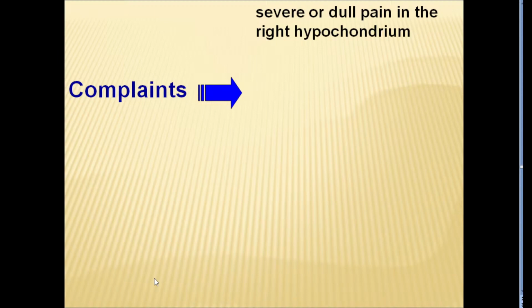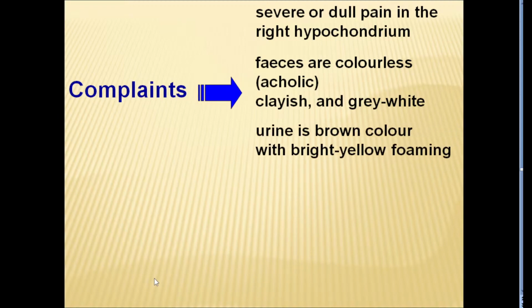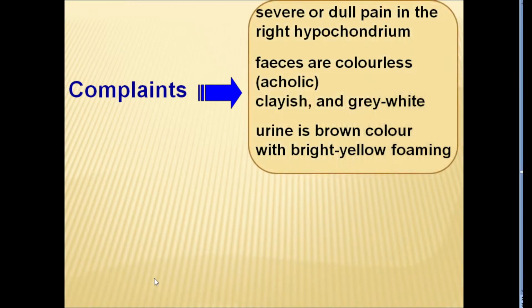If the cause of obstruction is outside compression due to growth of a pancreatic tumor, the patient complains of dull pain or discomfort. We remember that feces of the patient are colorless, acholic, grayish or gray-white color, urine dark brown and foamy, beer-like.